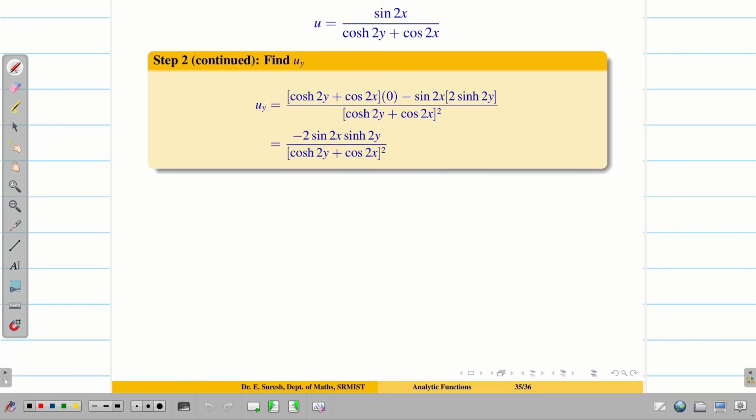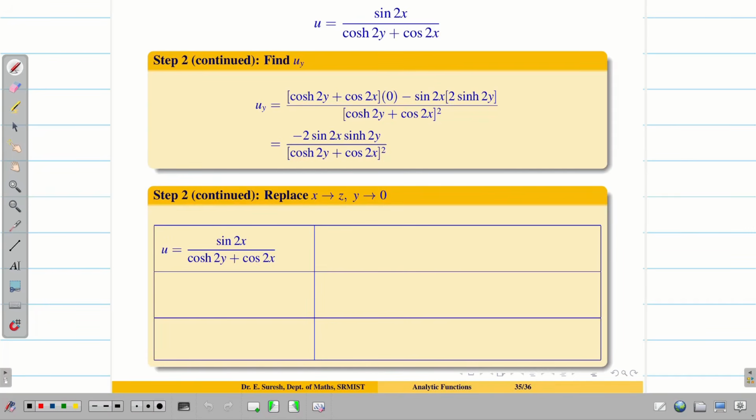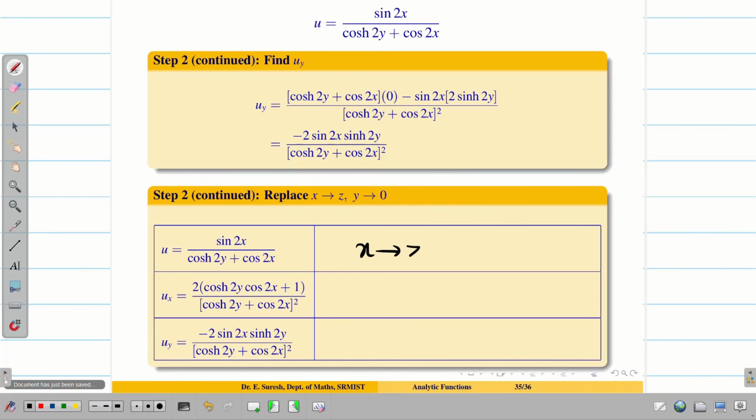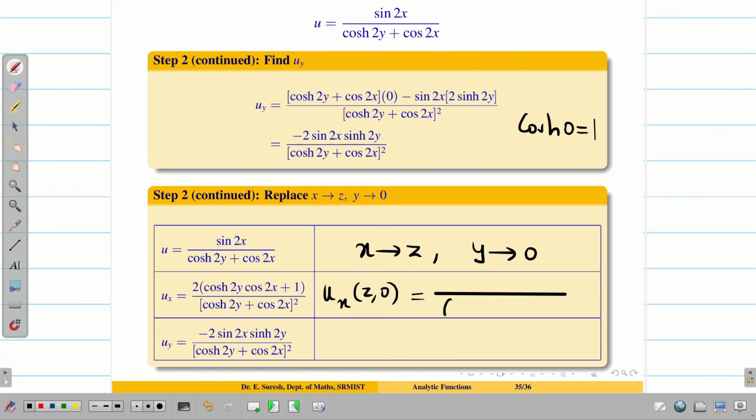Now for your convenience, I am putting the table. I am writing the u, ux and uy. Now we have to replace x by z, y by 0. Just now we saw cosh 0 is 1. Now we replace x by z and y by 0. In the denominator, we get 1 plus cos 2z whole square. In the numerator, cosh 0 is 1 and cos 2x will become cos 2z, plus 1.